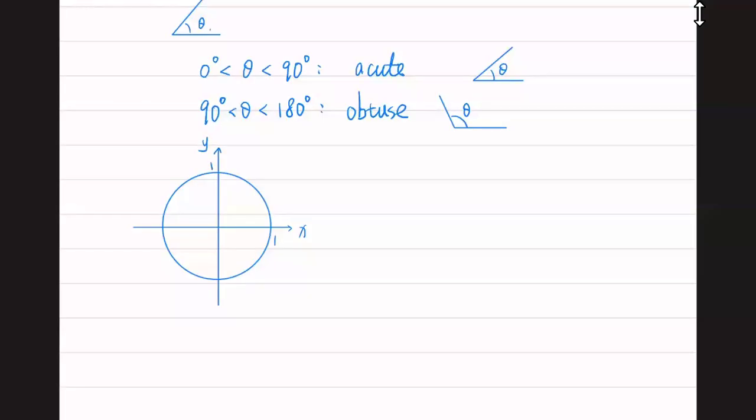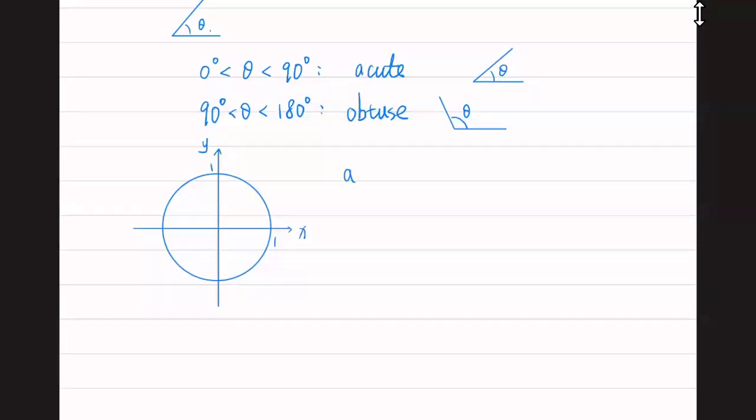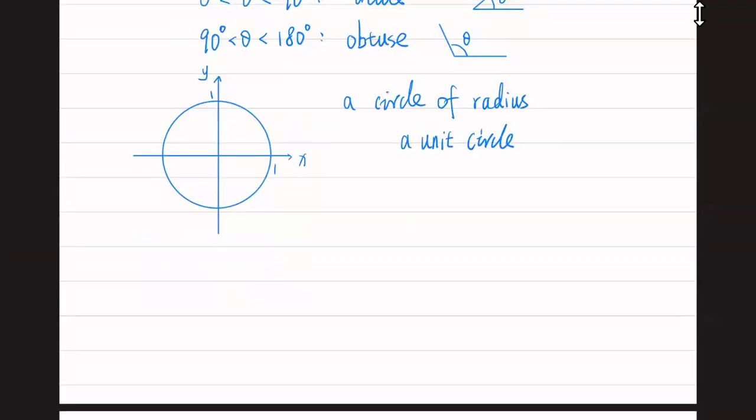So a circle of radius 1. We'll give it a special name, so called a unit circle. Now we have one angle.